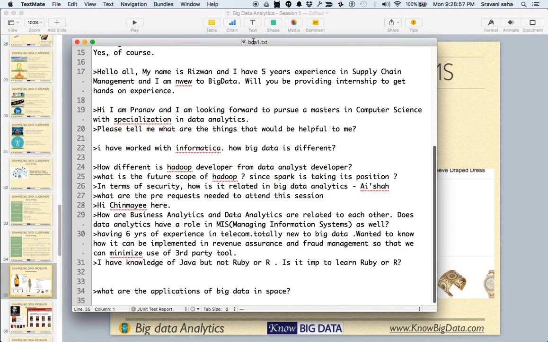So Aditya's question is, what are the applications of big data in space? So in case of space, I'm assuming you're talking about the field of science where we explore the space around. There are many use cases, and probably if you look at NASA's website, one of my students has been from NASA. When I looked at their problem, the problem was far more interesting, the kind of things they were trying to solve.